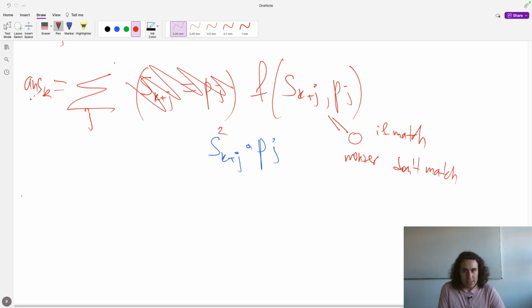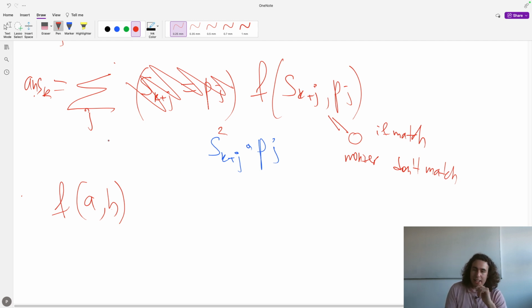And if at the end this ans_k is equal to 0, then it would mean that they match, and otherwise it means that they don't match. So we need some kind of function f(a, b) that is somehow algebraic, right? And it should be 0 if we have a match and non-zero if it's not a match. Well, that's obvious. You can just take a minus b.